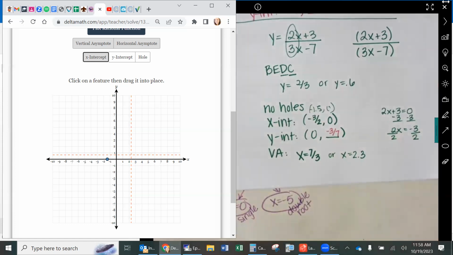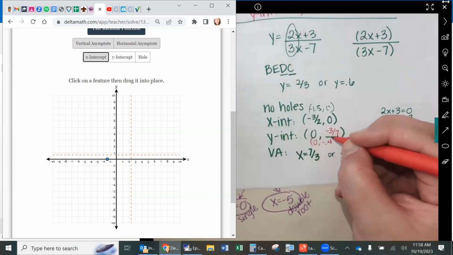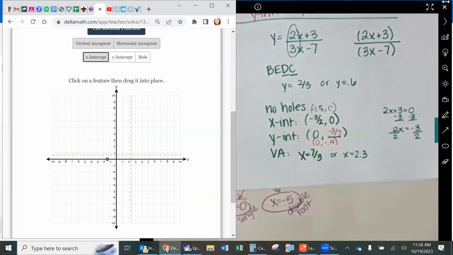And then this is going to be kind of hard for me to graph. So what is 3 divided by 7? Okay, -0.4. So then when I place my y-intercept, I want to be negative about 1/2 of a box. So y-intercept, negative about 1/2 of a box.